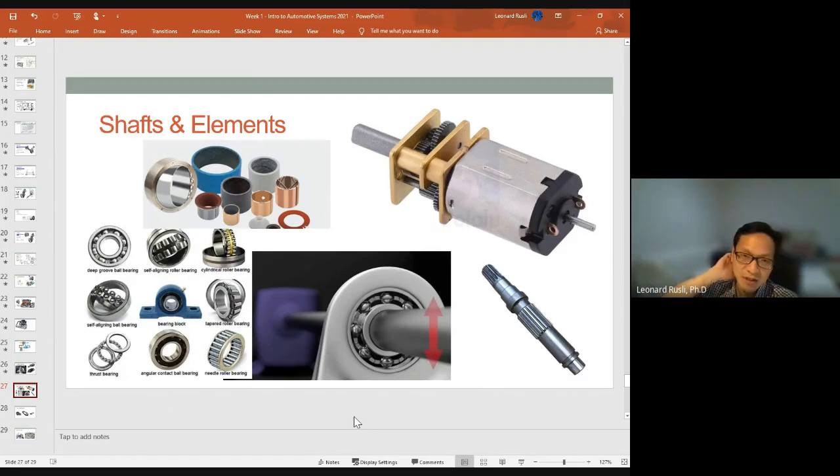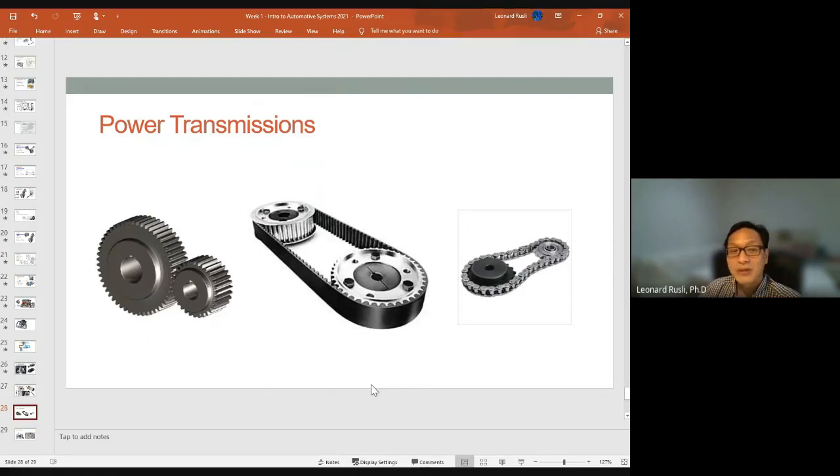We'll talk a lot about shafts and shaft failure, shaft support like bearings, okay? All kinds of bearings and bushings. We'll talk about that because again, machines are all about shafts turning. So the shaft is really one of the most important elements in machine systems. And then we'll talk about power transmission, right?